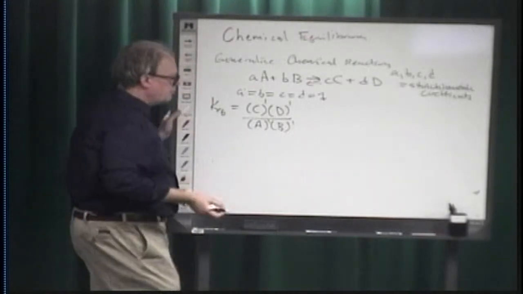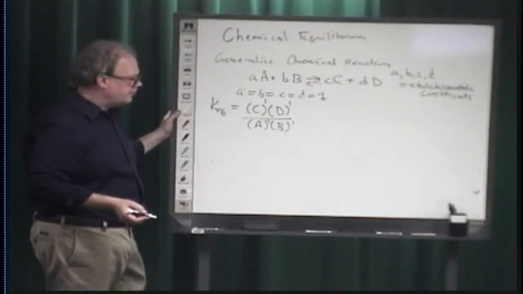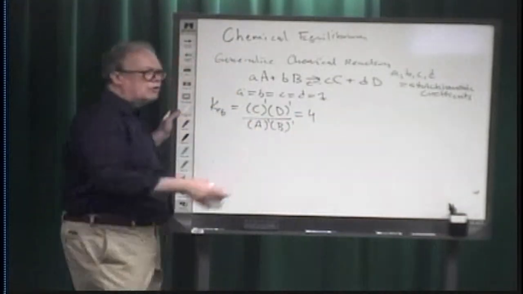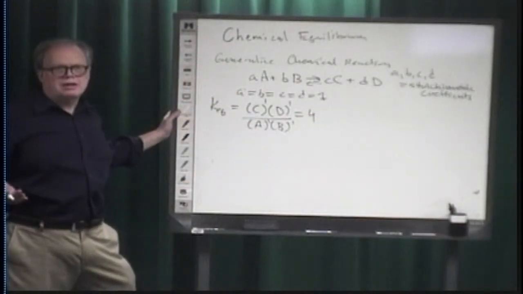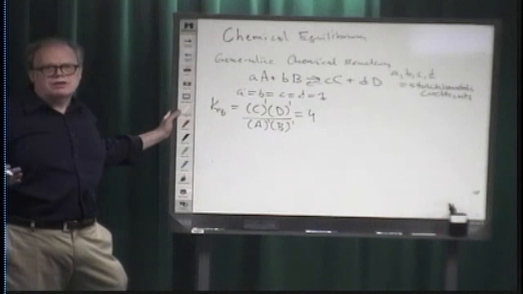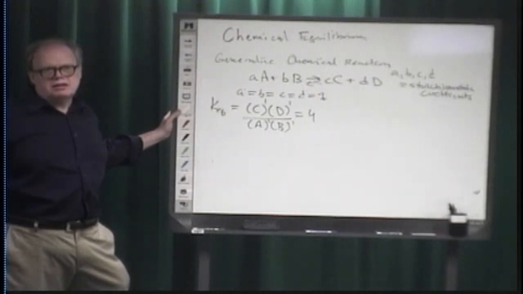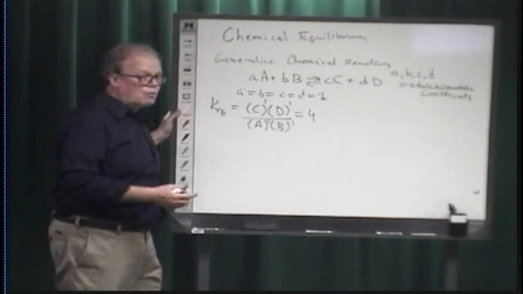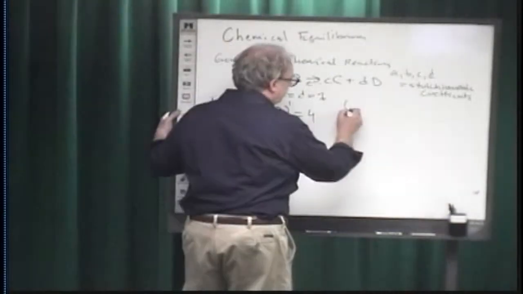Okay? And this is going to have a specific value. Let's say 4. Okay? But there are an infinite number of different combinations of the concentrations of C, D, and A, B that can multiply and divide together to make up 4, okay?